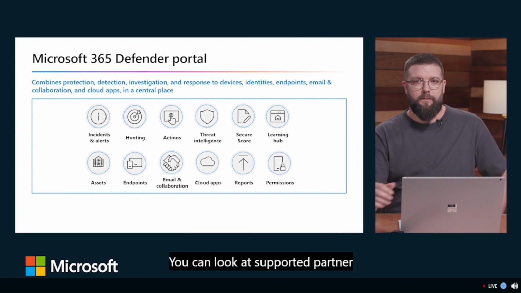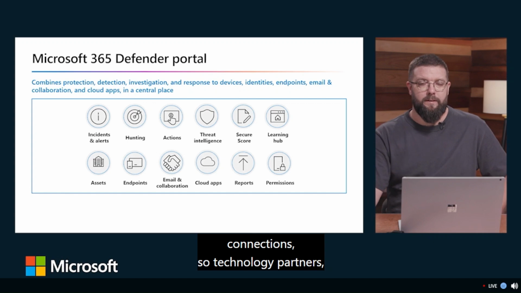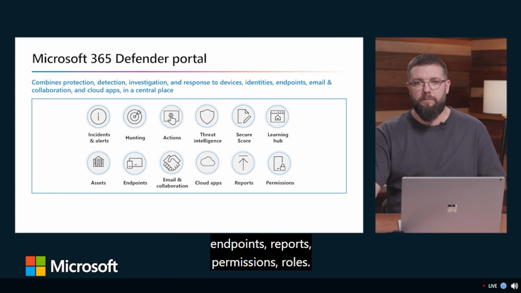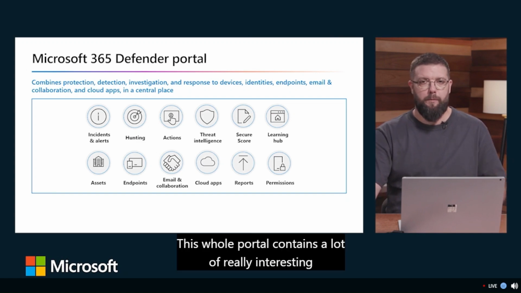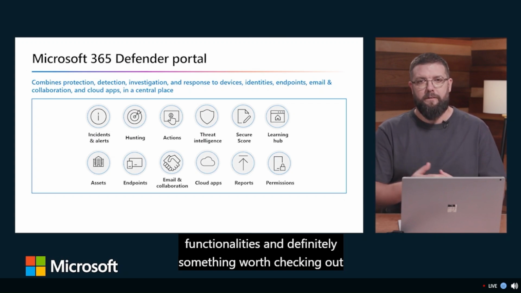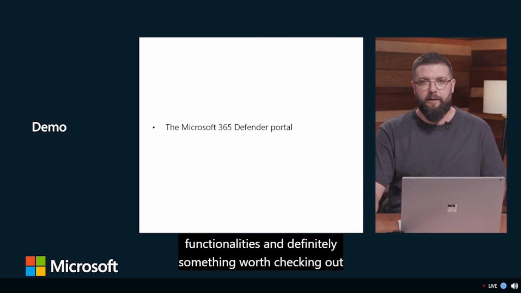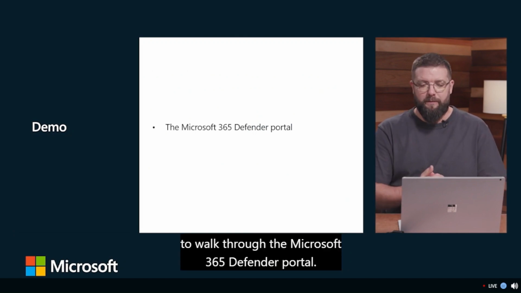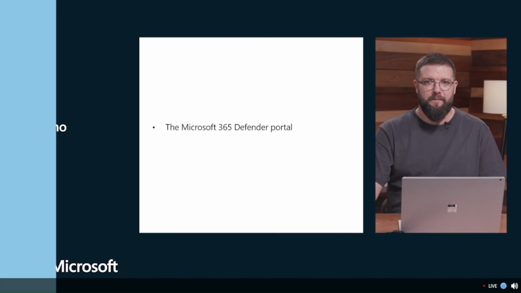You can look at supported partner connections, so technology partners, professional services, as well as assets, so devices and identities, endpoints, reports, permissions, roles. This whole portal contains a lot of really interesting functionalities, and definitely something worth checking out, which we will do in this demo, where we're going to walk through the Microsoft 365 Defender portal.